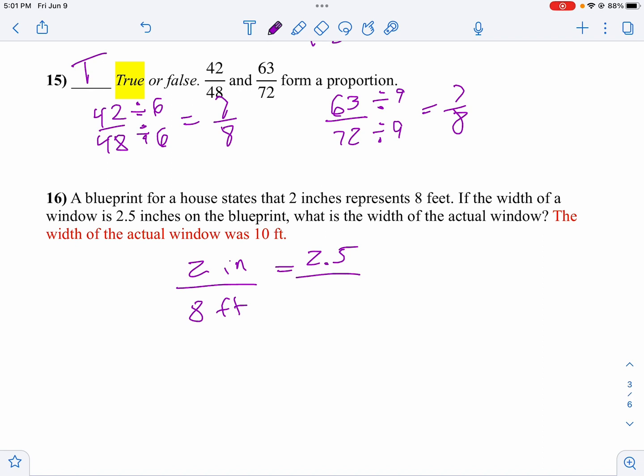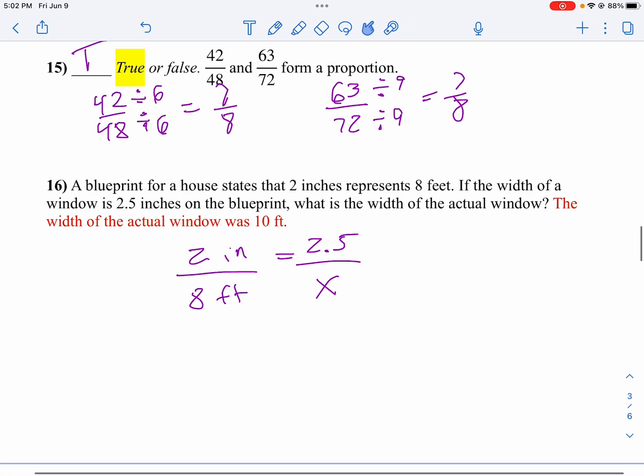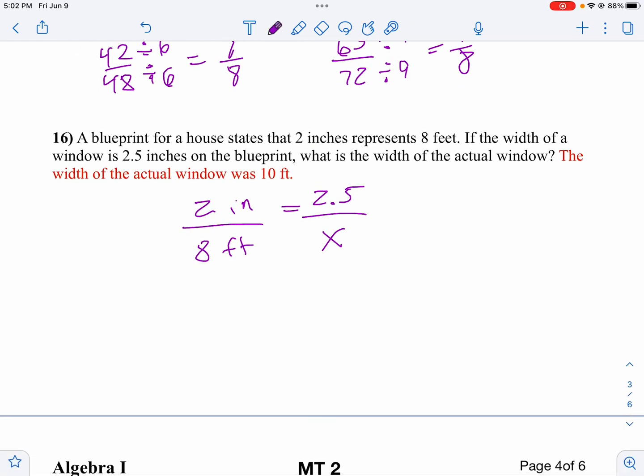I want to know the actual width of the window. I'm going to call that x. So the first thing I'm going to do, I'm going to make life easier. I'm going to reduce 2 and 8. 2 goes in 8 4 times. So I get 1 is to 4 as 2.5 is to x.